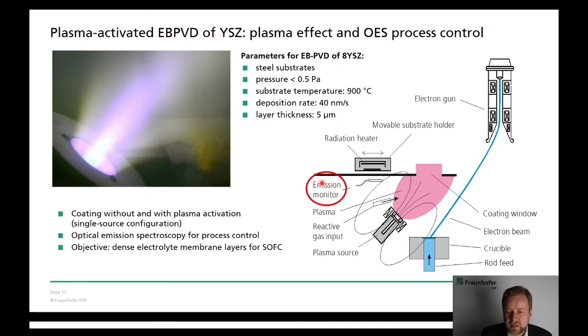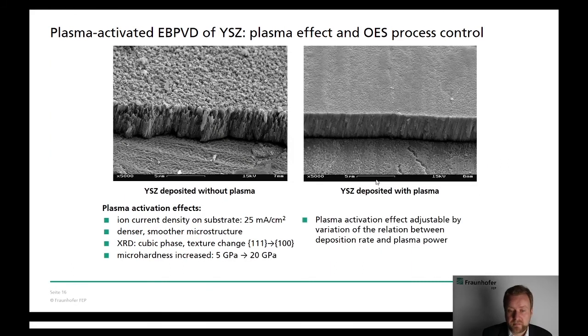I would also like to point out the emission monitor, which is important. We have recorded the optical emission of the plasma to control the process, as we will see later. First of all, I would like to show the effect of the plasma activation on the process. On the left side, we see an SEM picture of a YSZ coating without plasma activation, with a typical columnar and porous structure and quite a rough surface.